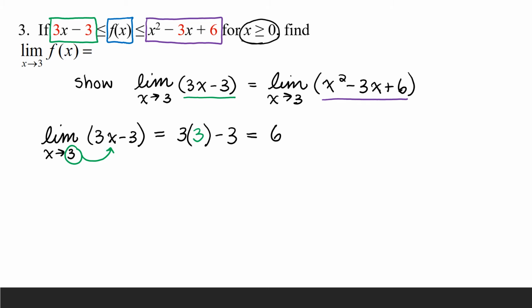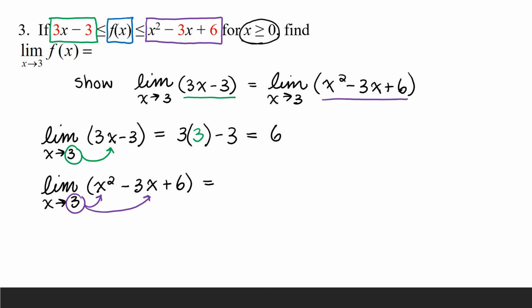Now we need to evaluate our other limit. So we have the limit as x approaches 3 of x squared minus 3x plus 6. Since this is a polynomial and 3 is in its domain, we can apply direct substitution.